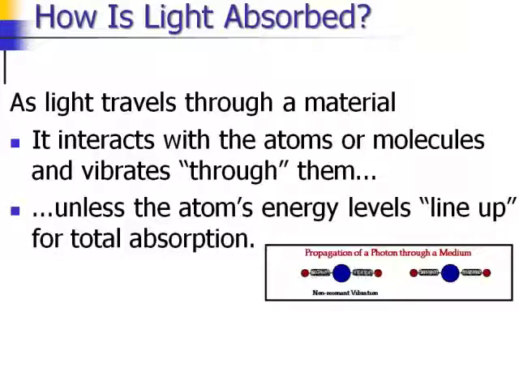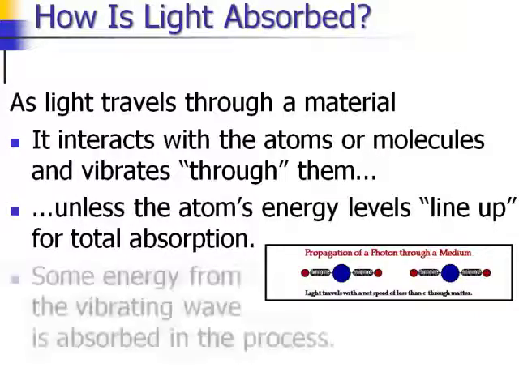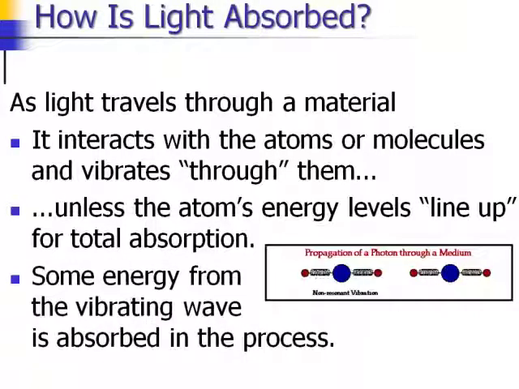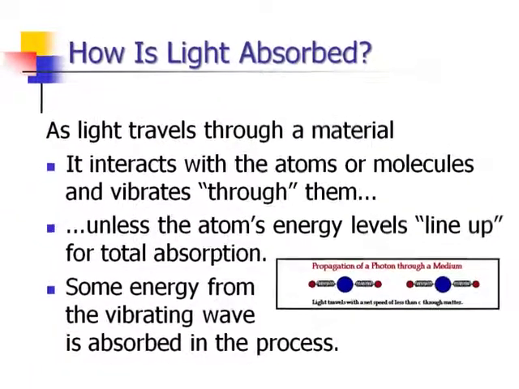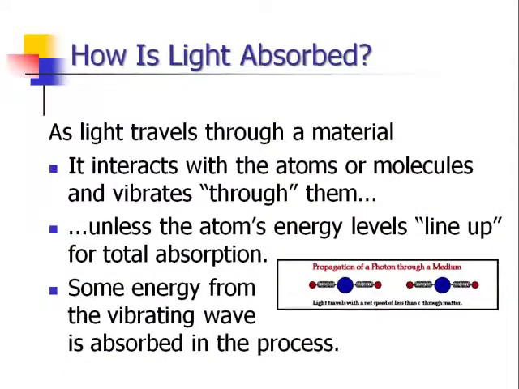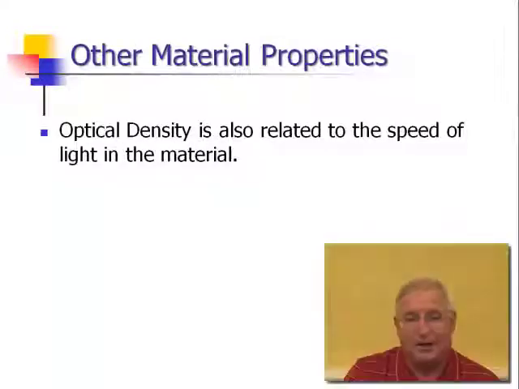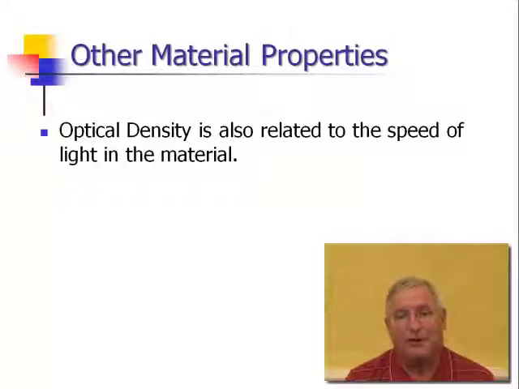So unless the atom's energy levels line up for total absorption, some light passes through the material. Some energy from the vibrating wave is absorbed in this process. So that's where absorption is taking place. And as we've said, optical density allows us to measure that absorption.